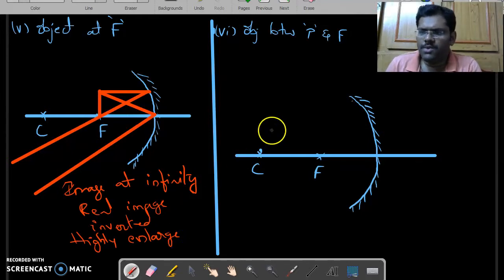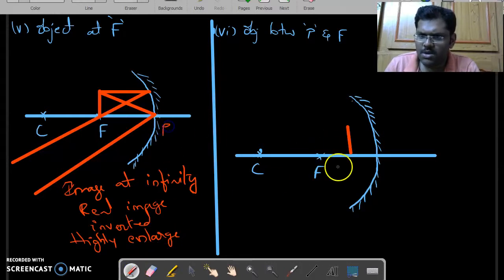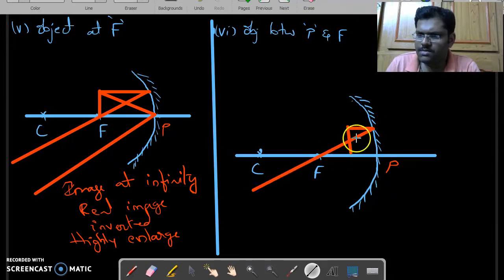And the last case for the concave mirror is when the object is placed between pole and focus. So here I kept the object between the pole and focus. As usual, the first light ray should pass parallel to the principal axis, passing through the focus, and this ray should be extended over here.